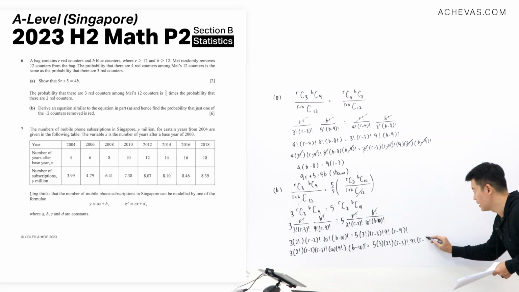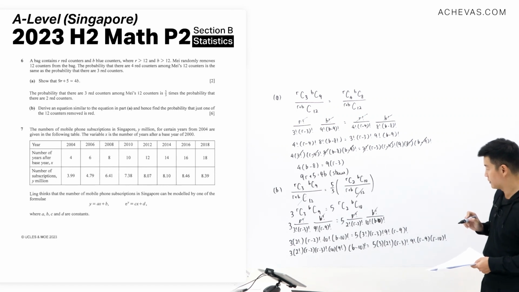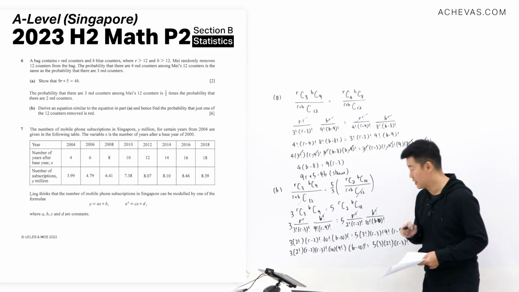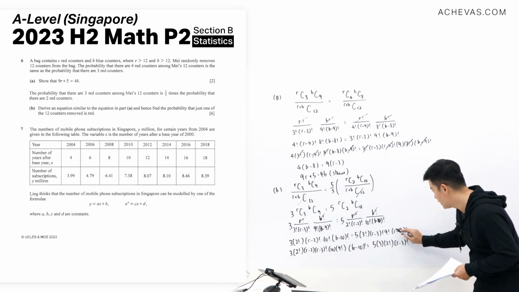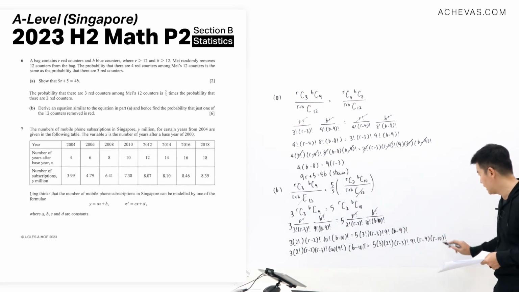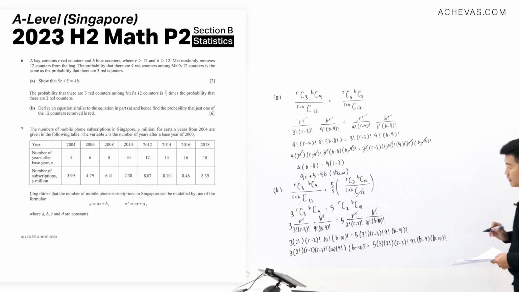This, I'm going to write it as b minus 9 multiplied by b minus 10 factorial. Let's do the cancellation. Oops, I've made a mistake. This should be b minus 9, which means that here it should be b minus 9, and b minus 10 factorial.